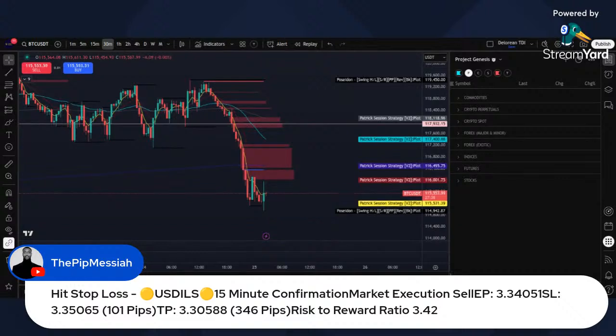Those of you that were paying attention to the 30-minute on Bitcoin versus Tether, we did have a very slight moment where a fair value gap had formed as support for current price. Bitcoin has now invalidated that and it has entered free fall yet again.